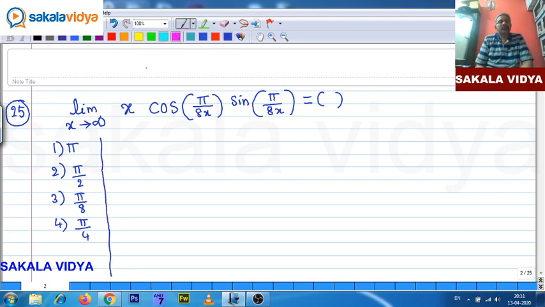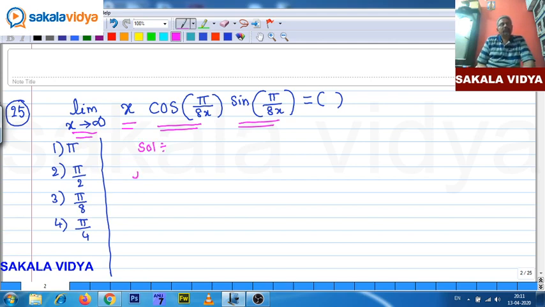So now here see, limit x extends to infinity, x cos of pi by 8x sine of pi by 8x. Okay, let us try ourselves first. First this can be written like this.